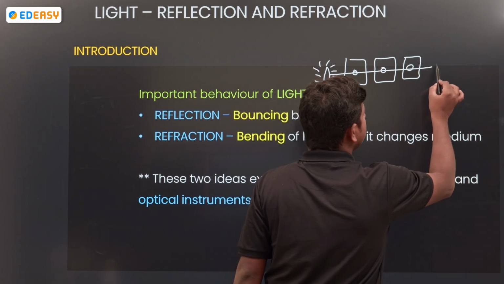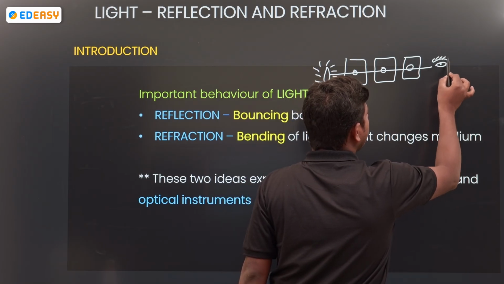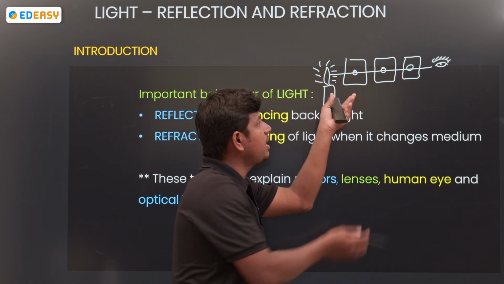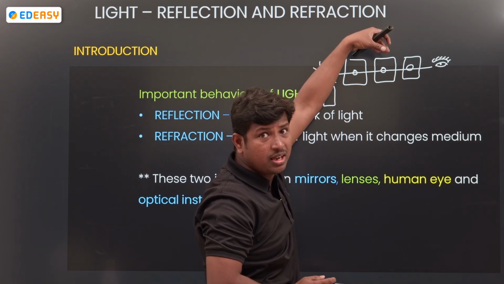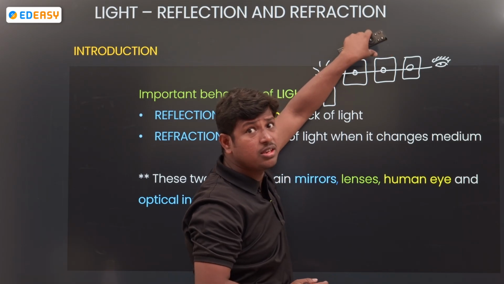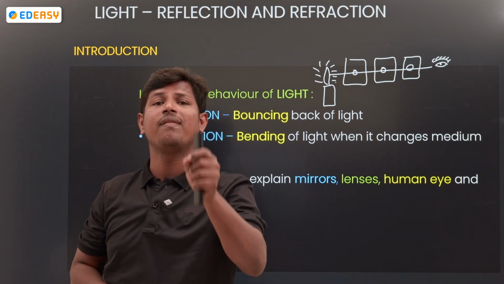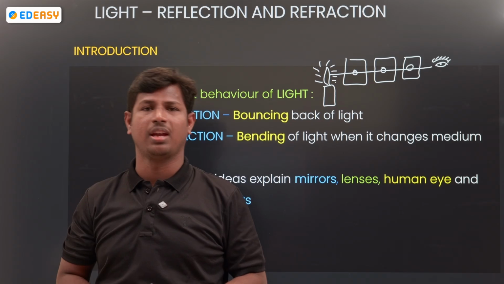If a person is behind the cardboards, the person is able to see the light of the candle. How is it possible? If one cardboard is moved upward, is it possible to see? No. So based on this experiment, we understand that light always travels in a straight line. That is one behavior of light.